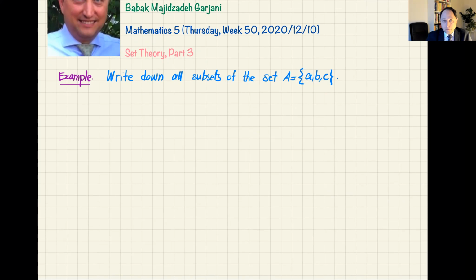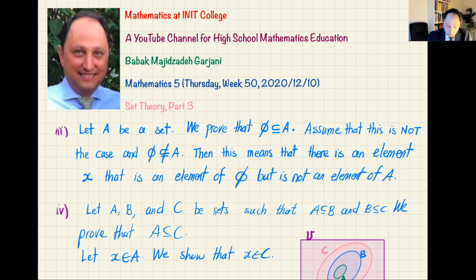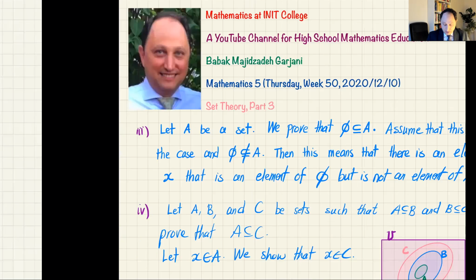Okay, so what are the subsets here? If you go back here, what is, I would say, the smallest, in quotation marks, subset of any set? You understand what is the meaning of smallest here? The empty set. And then that was the proof.